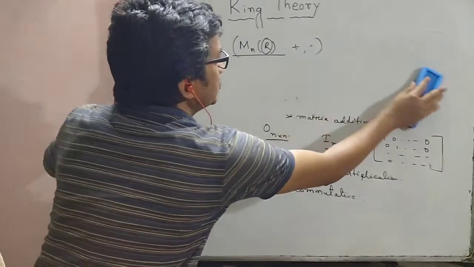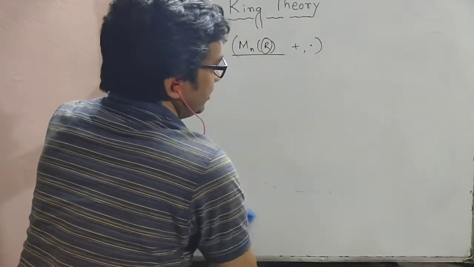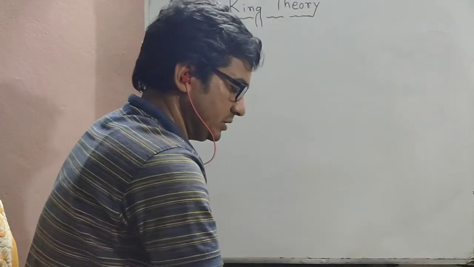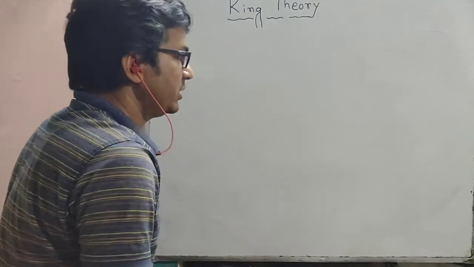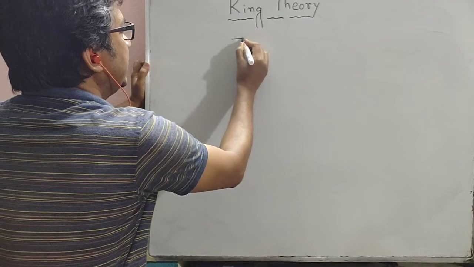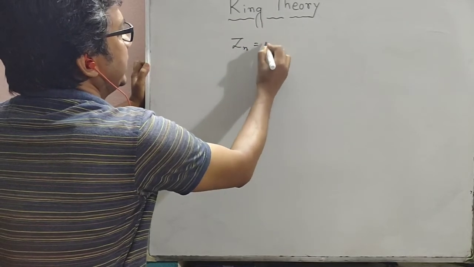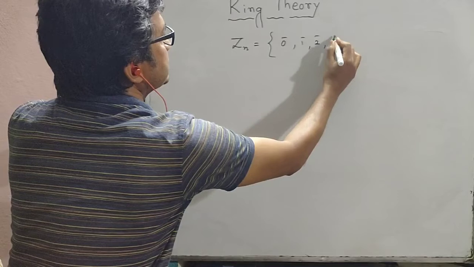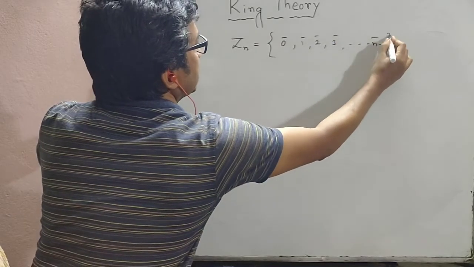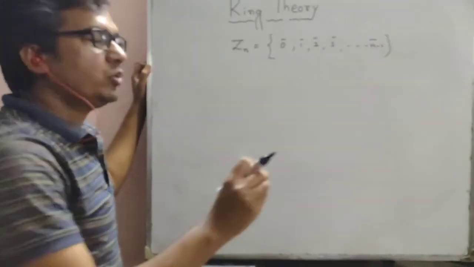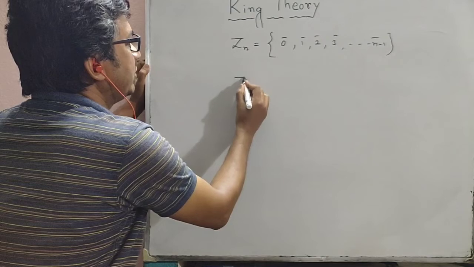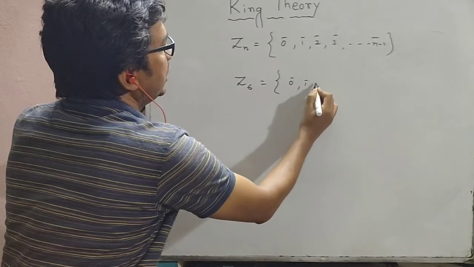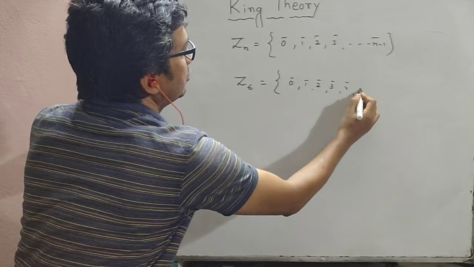Now go to another important example: integers modulo n, Zn, 0, 1, 2, 3, up to n minus 1. We consider a particular example, Z6: 0, 1, 2, 3, 4, 5.